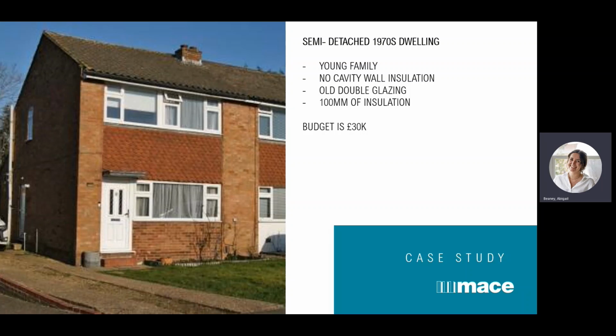We could propose the cavity wall insulation. We can, providing that those cavity walls meet the requirement of the exposure zones and the cavity widths, that would benefit the performance of this dwelling quite a lot. We can be either replacing or topping up the loft insulation.